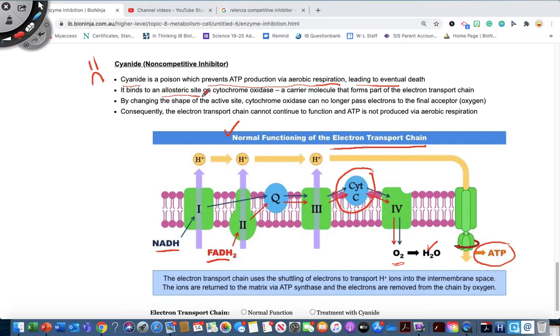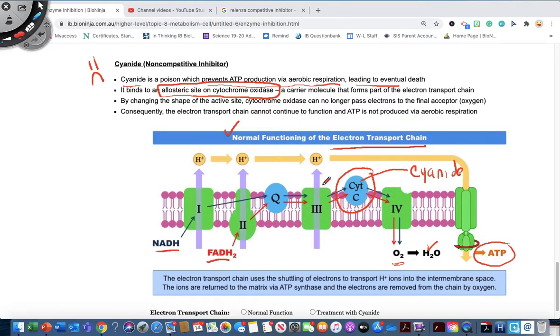What it does is it binds to the allosteric site of the cytochrome oxidase. This carrier protein is actually an enzyme, and it does have an allosteric site. So cyanide is going to bind right here to an allosteric site of cytochrome oxidase, or the cytochrome C carrier molecule.